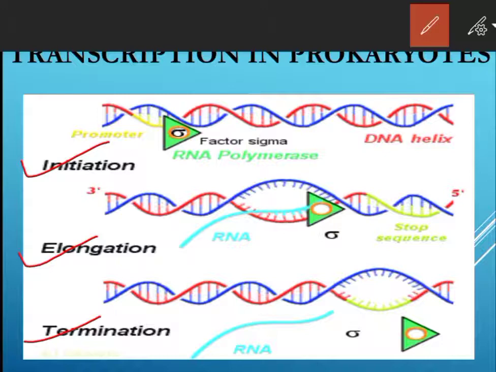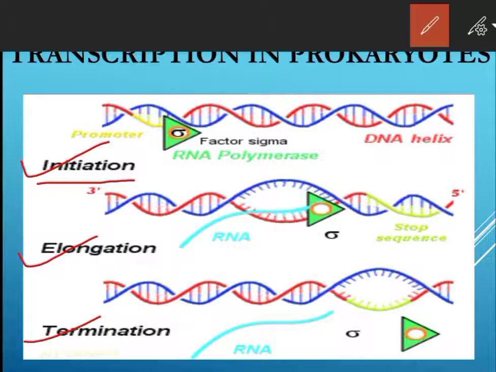Let us study about the first step, that is initiation. RNA polymerase binds to the promoter and initiates transcription by associating transiently with the initiation factor sigma.